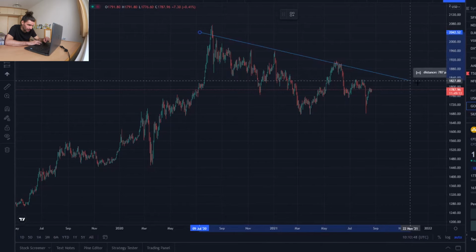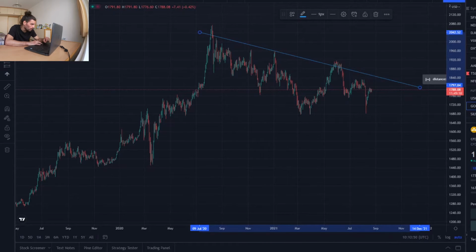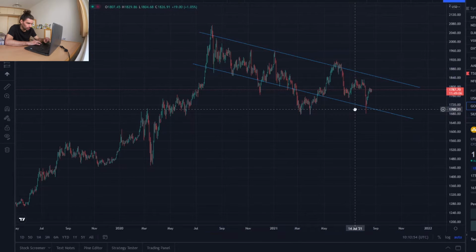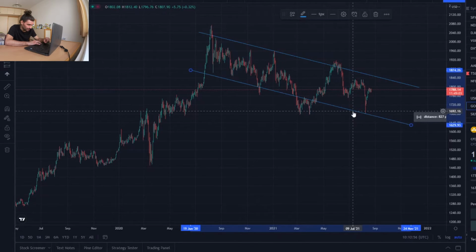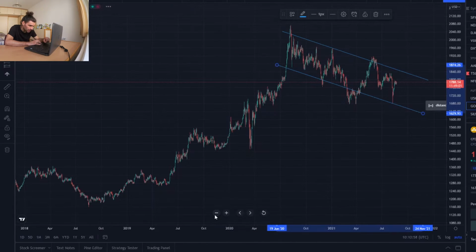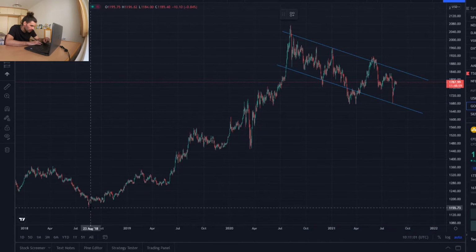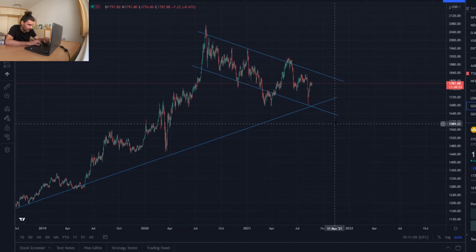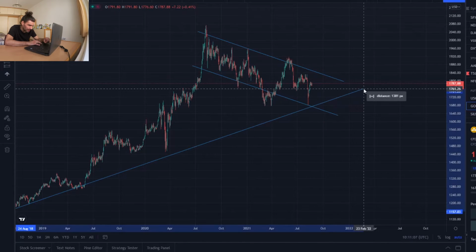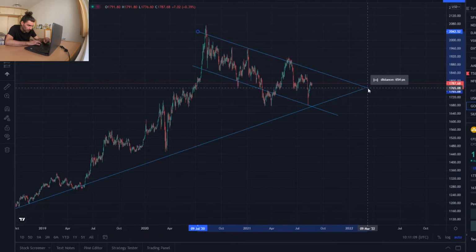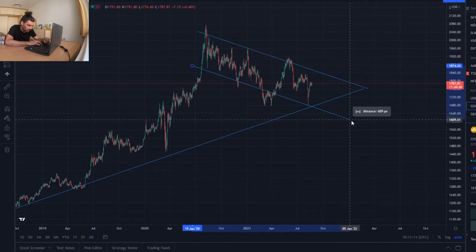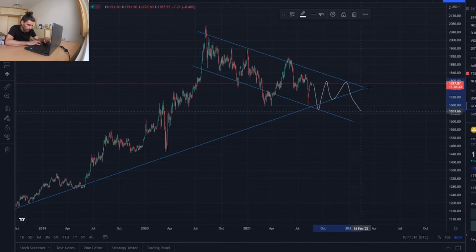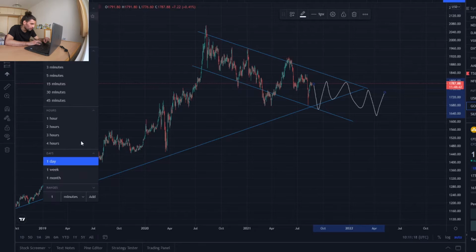Taking a look at the daily chart, we are somewhat in-between going up and going down. We don't know where we are heading or where we should be heading. So this could turn into a choppy up and down for some time.